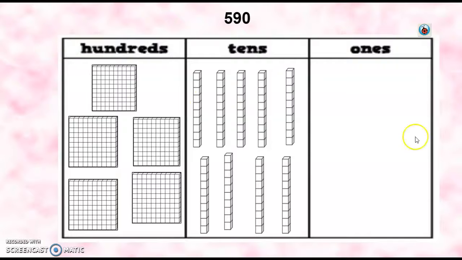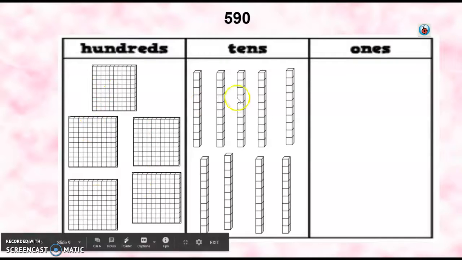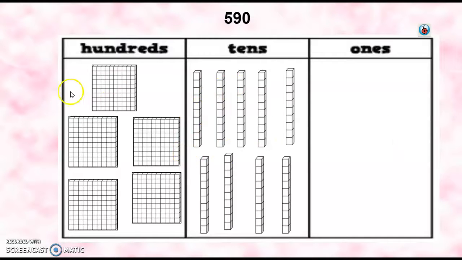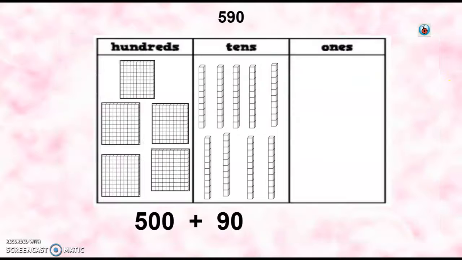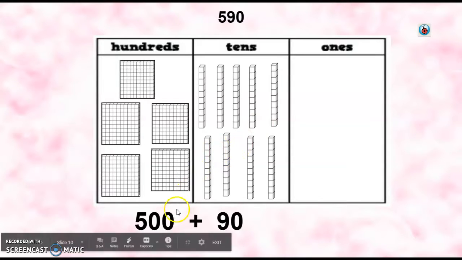590. Here you have 500, 9 tens, 0 ones. This is 590. This is standard, the number written in standard form. Now, if you expanded it out, if you pulled it apart, you will have 500 plus 90.